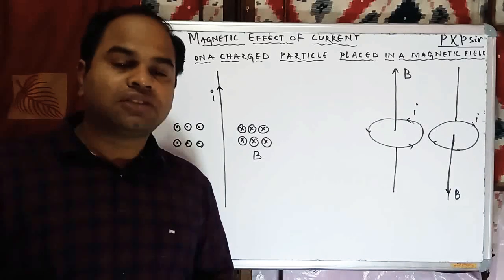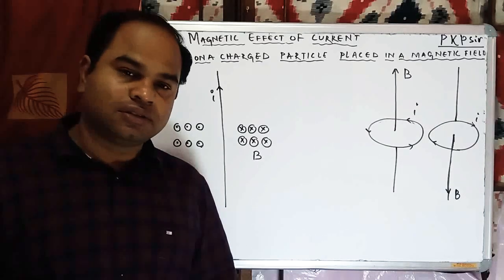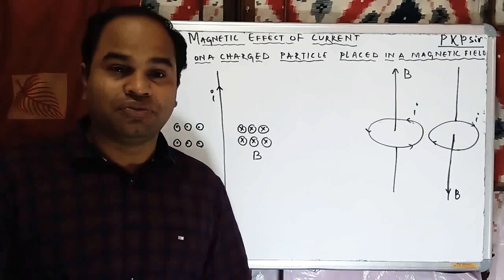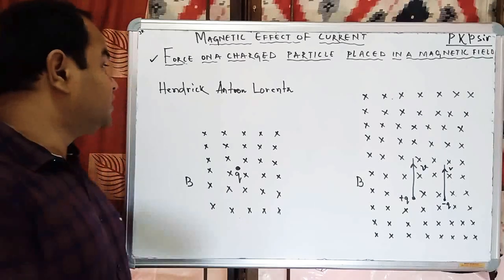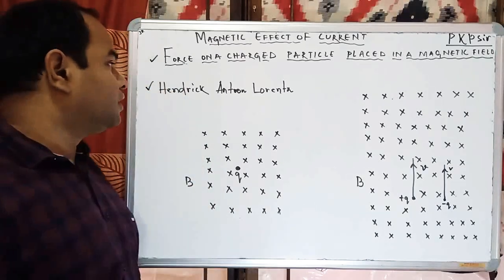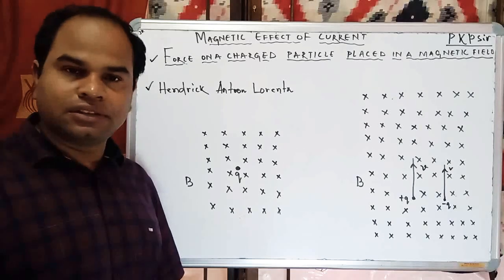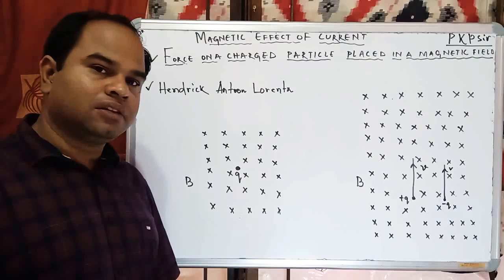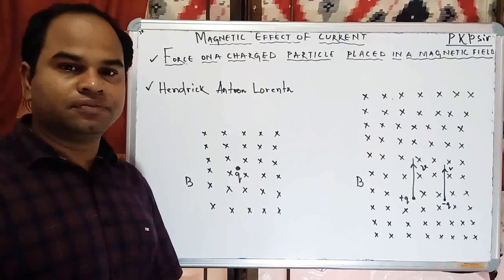Okay, next we'll move to today's topic, that is force on a charged particle placed in a uniform magnetic field. Okay, so it was Dutch scientist Hendrik Anton Lorentz who first recognized that certain force acts on a charged particle when it is placed in a uniform magnetic field.